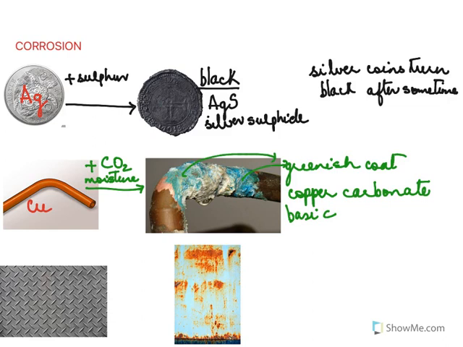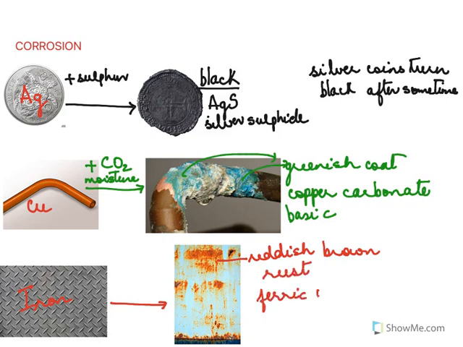In the last picture we see iron, and this we see in everyday life. After keeping the iron plate for some time, it gets this reddish brown compound. It turns reddish brown and we call that rust. This is due to the formation of ferric oxide.